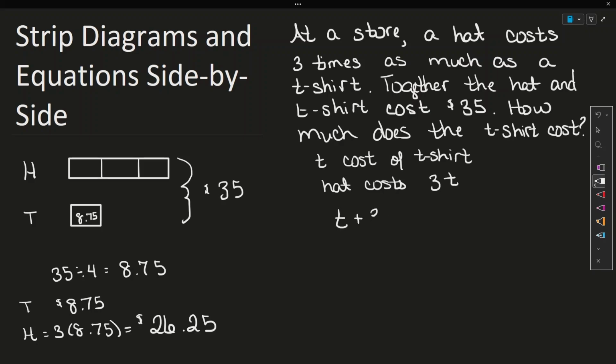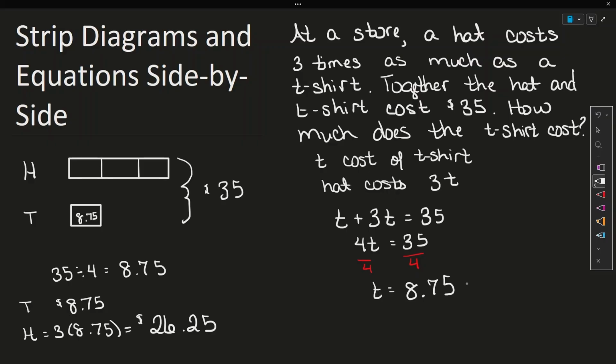So the t-shirt plus the hat needs to be equal to 35. We collect like terms. We get 4T equal to 35. And then we can divide both sides by 4 to once again get that T is 8.75. The algebra matches the strip diagram.